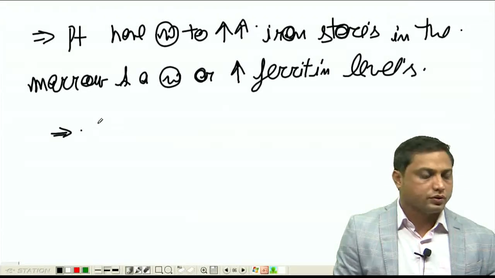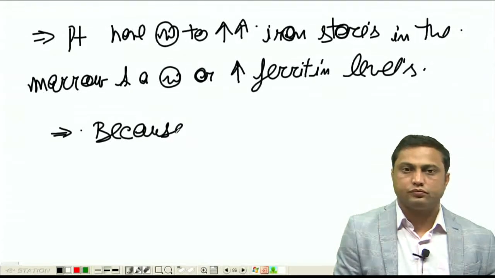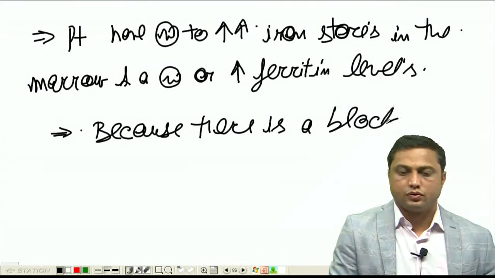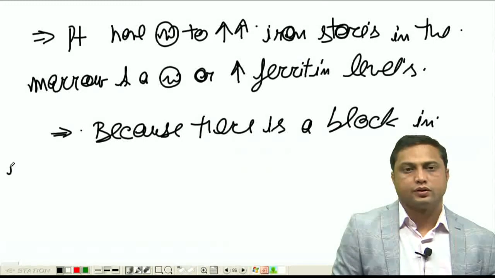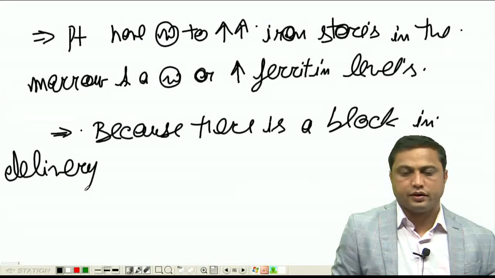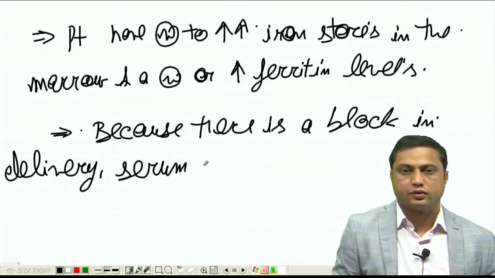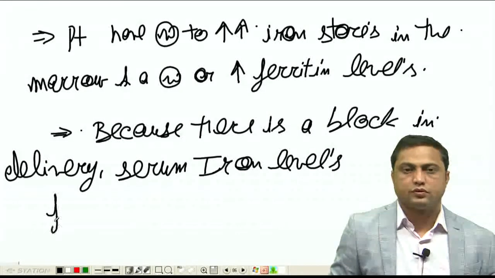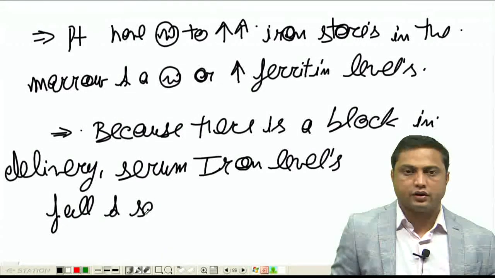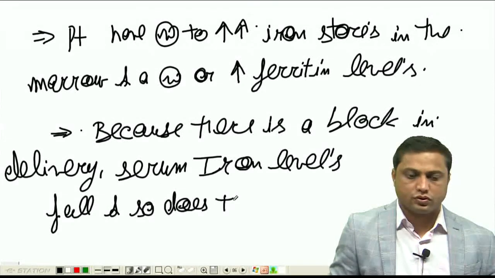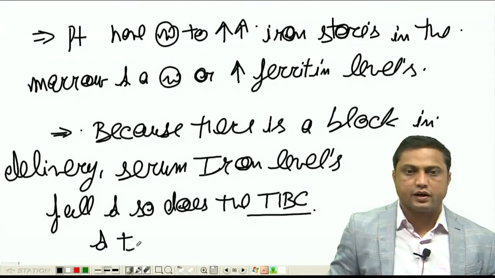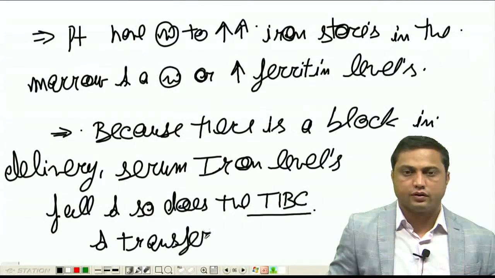Because there is a block in delivery, serum iron levels fall, and so do the total iron binding capacity and transferrin saturation.